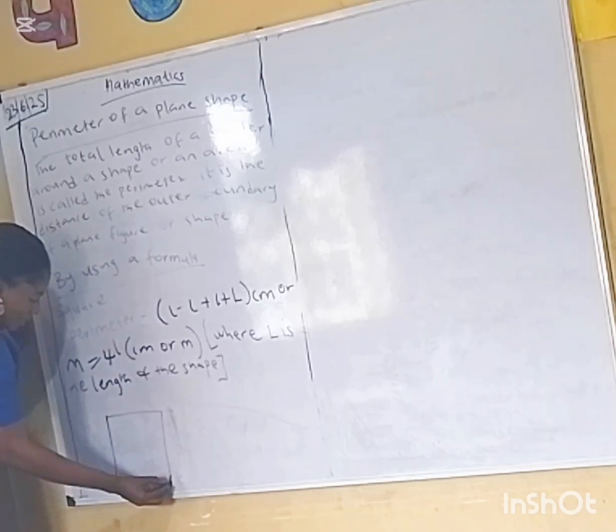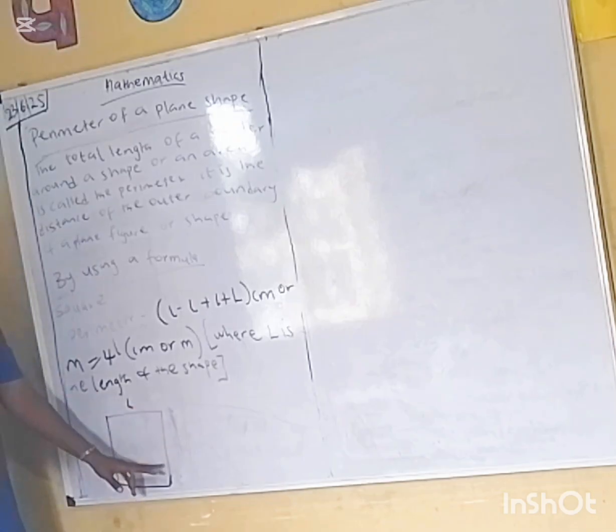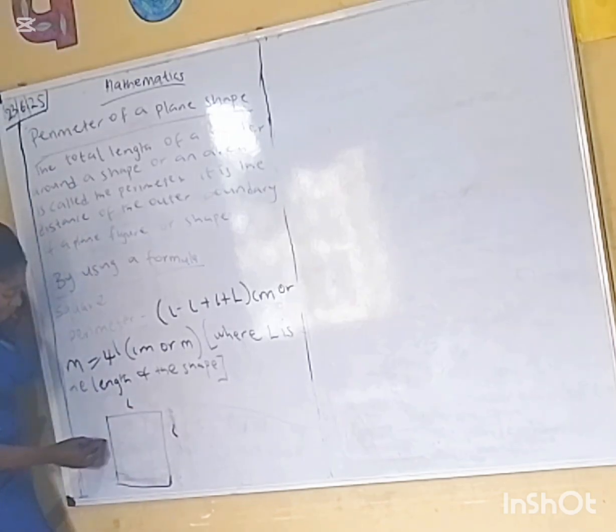And if you look at a square, it has all sides equal. Therefore, we can label just one side. We can call it length. Whatever number is here is the same for this, this, and this. So they are all length, length, length.